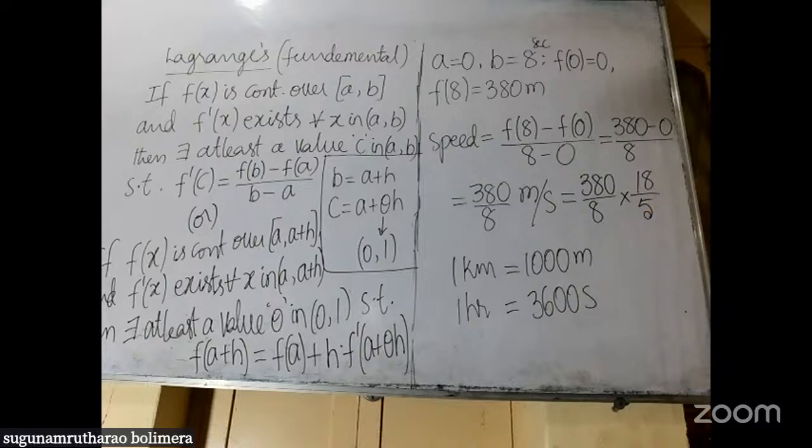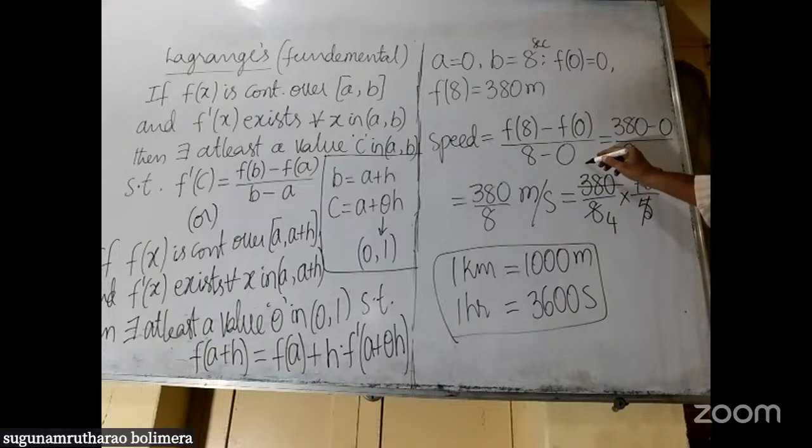If you multiply this with 18 by 5, it will be in terms of kilometer per hour. 8, 4 times 9, and 5 sevens are 35.